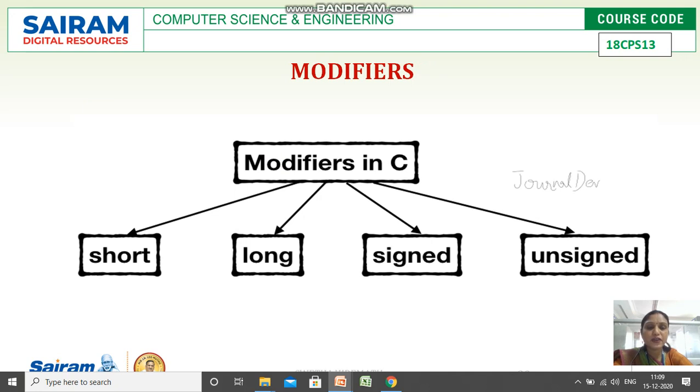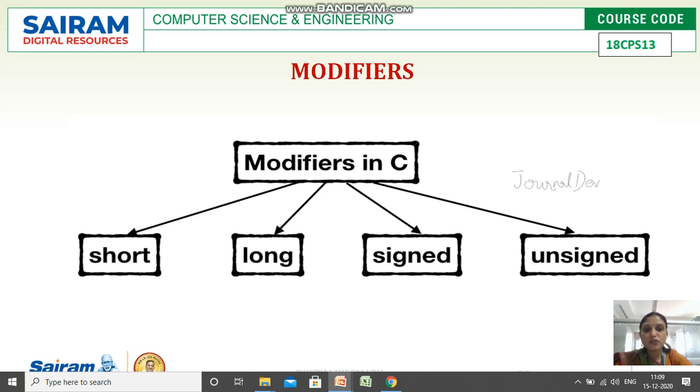So next, modifiers. So what are these modifiers? Till now we are aware of the different data types we have. In primary or primitive data types we have integer, float and character. Here modifiers means how we are using those data types in a modified way.